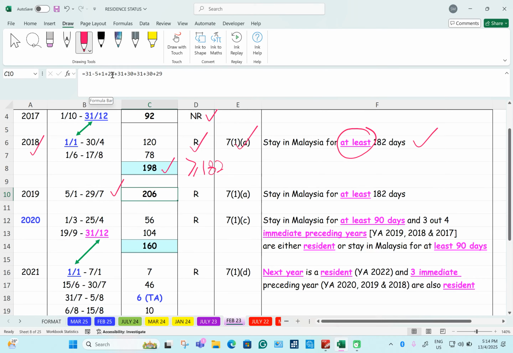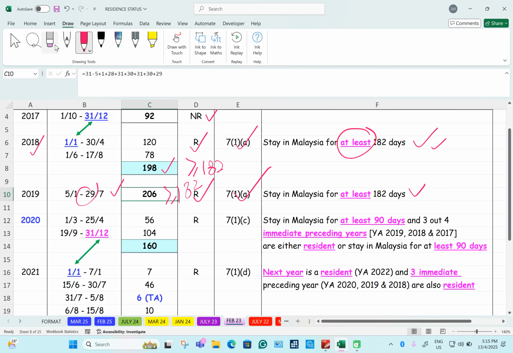February 28, March 31, April 30, May 31, June 30, July until 29. Total up, I got here 206. Guys, 206 is very clear, more than 182 days, isn't it? That's why the status is exactly like 2018, resident A. Give the same reason as 2018.